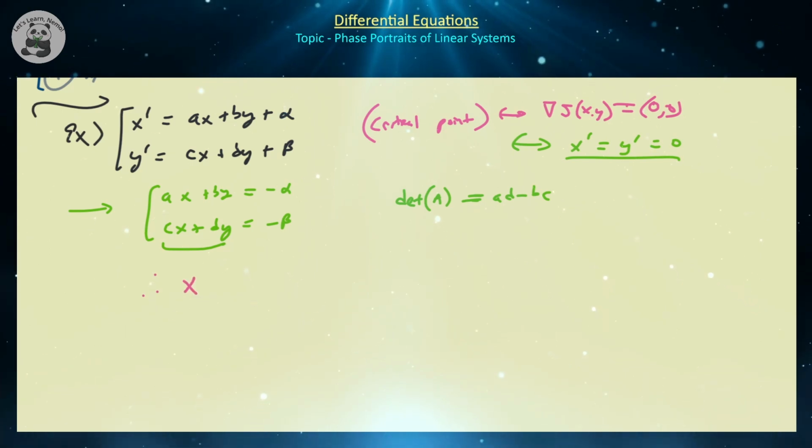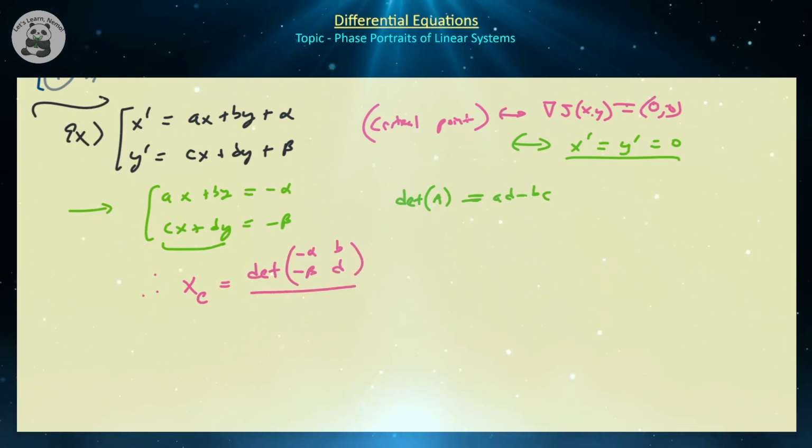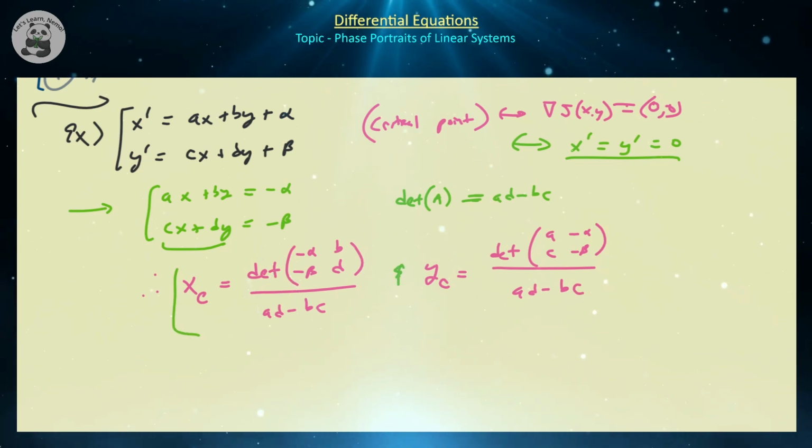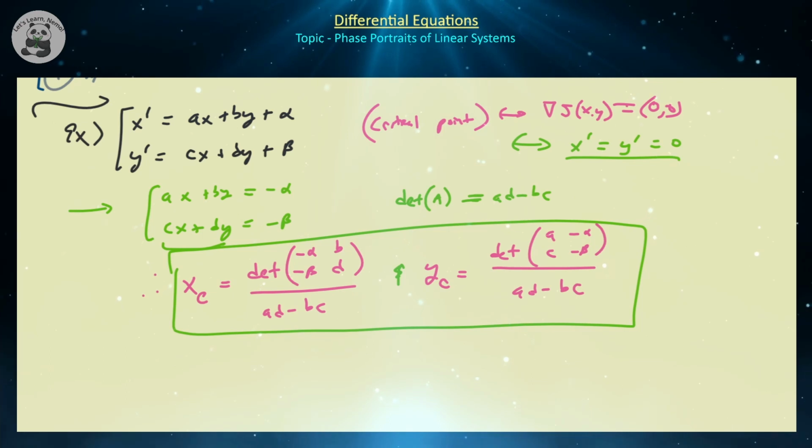The x-coordinate of our critical point is going to be the determinant of [minus alpha, b; minus beta, d] all over ad minus bc. And the y-coordinate of our critical point will be the determinant of [a, minus alpha; c, minus beta] all over ad minus bc. So that's where our critical point is located.